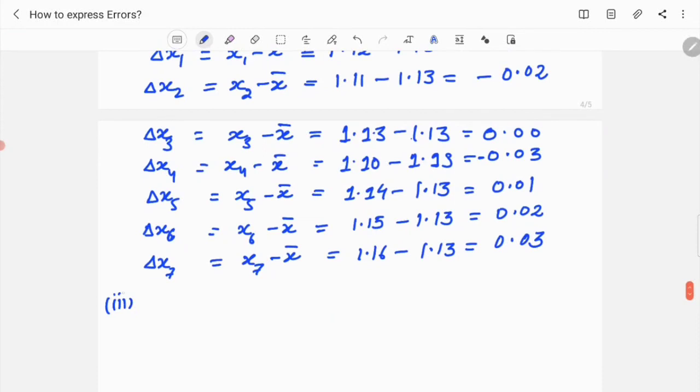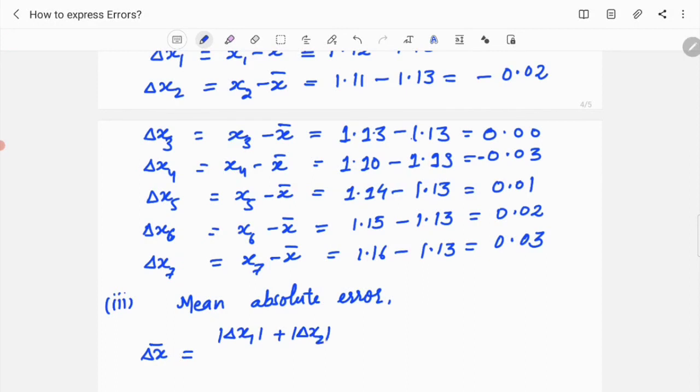Now the third one is mean absolute error. This is delta x bar. It is mod of delta x1 plus mod of delta x2, mod of delta x3, up to mod of delta x7, whole divided by 7.